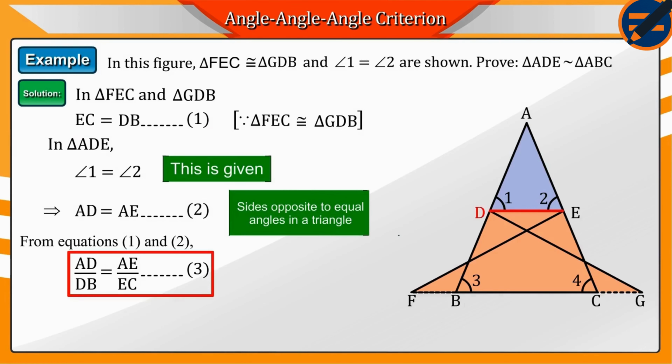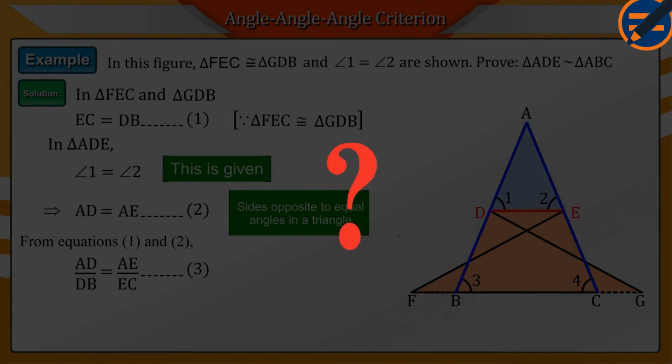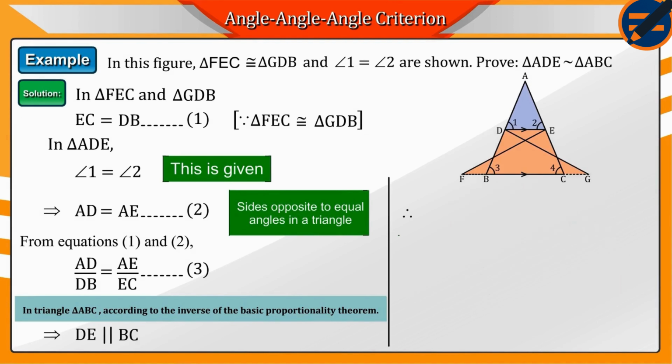Equation 3 tells us that the line DE divides the sides AB and AC of triangle ABC into equal ratios. What do you understand from this? According to the inverse of the basic proportionality theorem, we can say that the lines DE and BC are parallel lines, because of which angle 1 is equal to angle 3 and angle 2 is equal to angle 4.